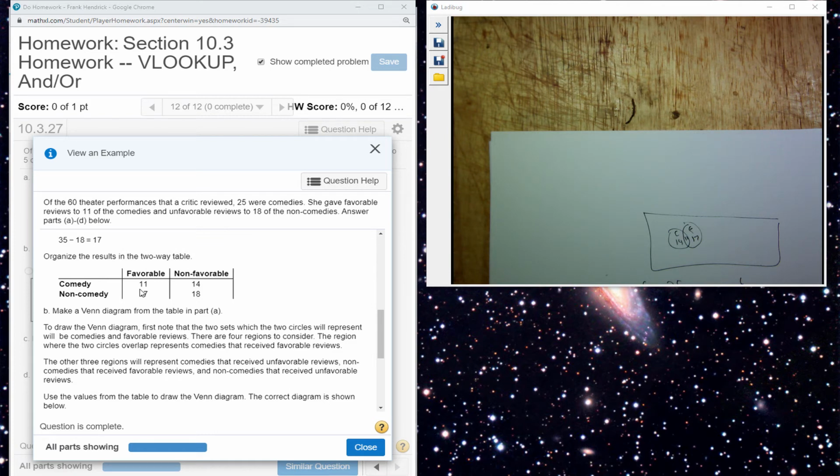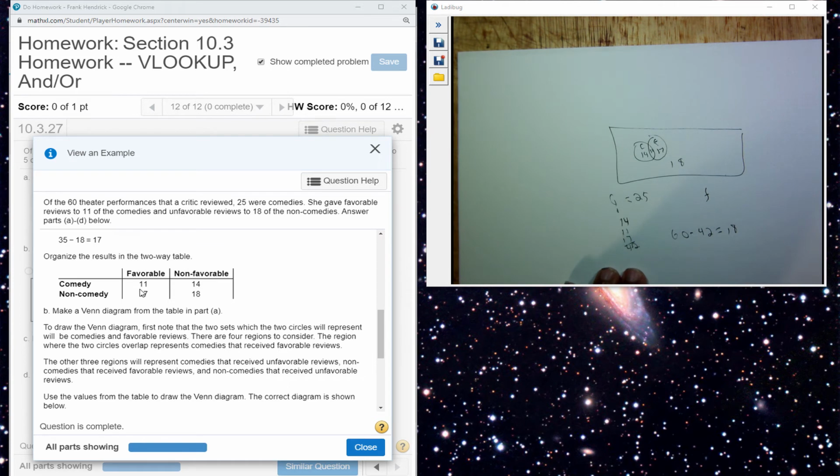So we have 14 plus 11 plus 17, that's 42. So 60 minus 42 is 18. So there are going to be 18 people outside the circle, because there's 60 overall.